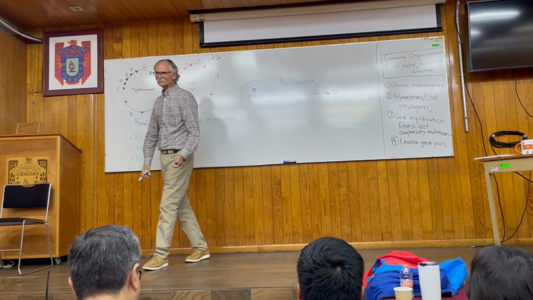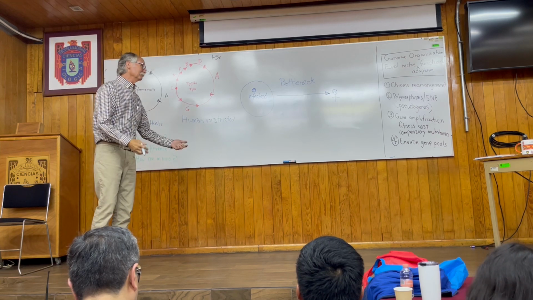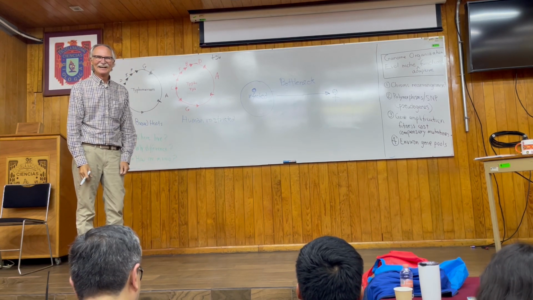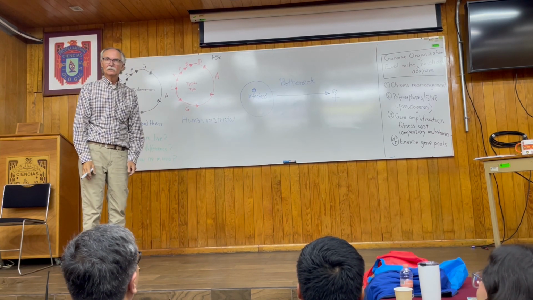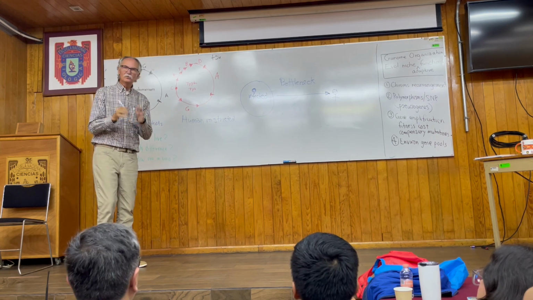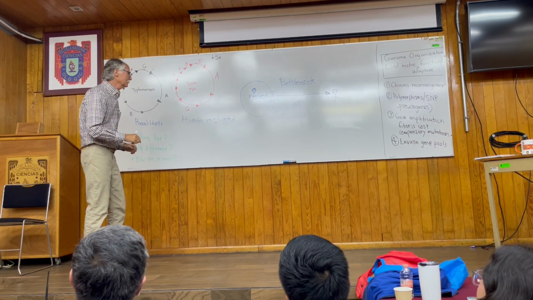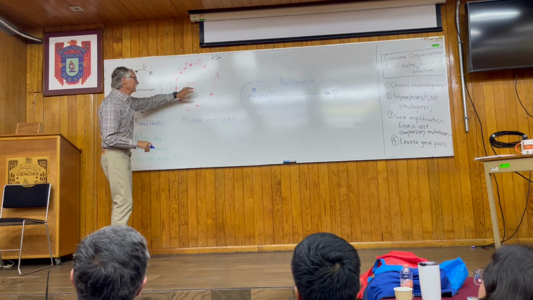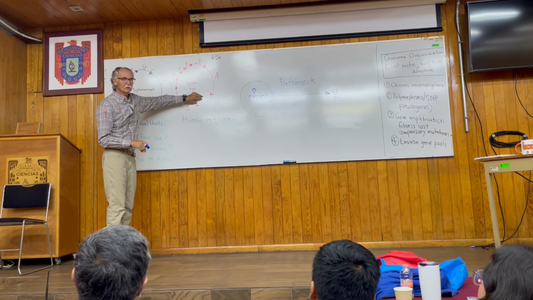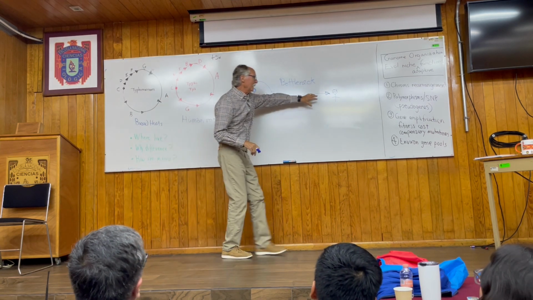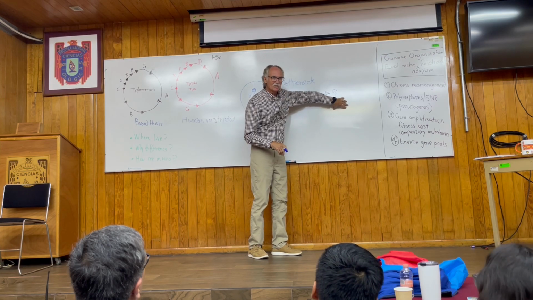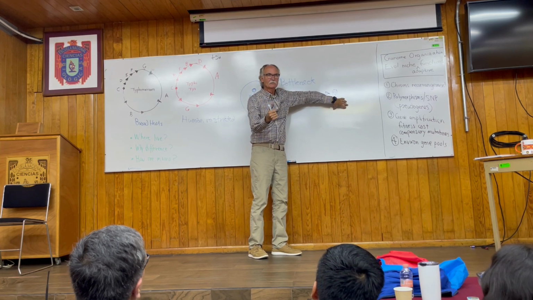So that's a bottleneck. When you think about genetics, what that means is if there's any change in here, when it moves through that bottleneck, that genetic change is fixed.